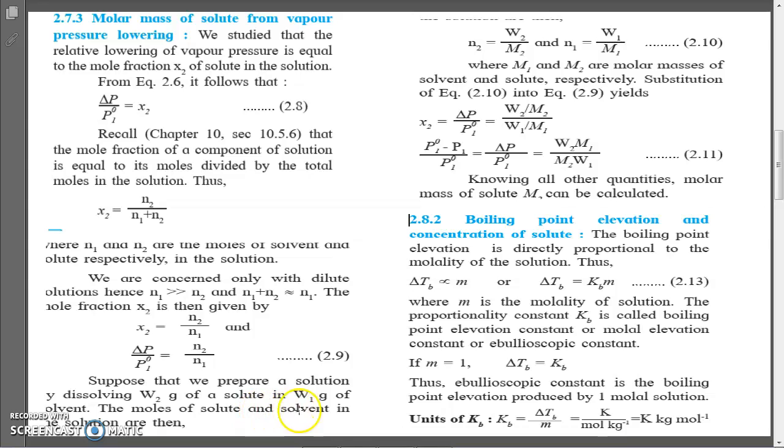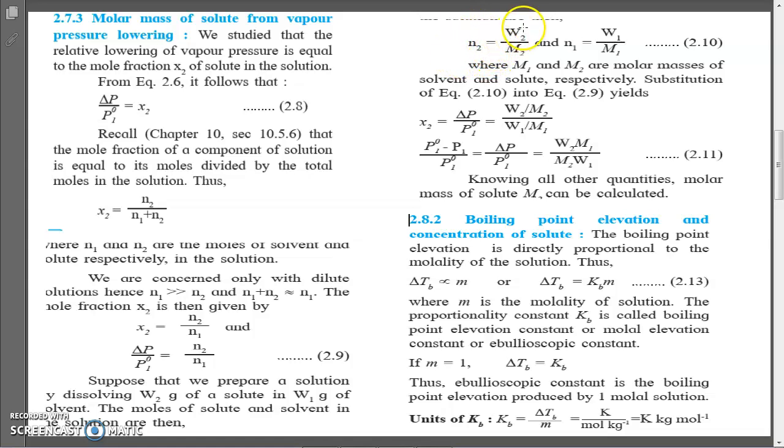The moles of solute and solvent in the solution are then, if we take W2 gram of the solute and W1 of the solvent and dissolve W2 into W1, this equation can be written. N2 is the number of moles of the solute.